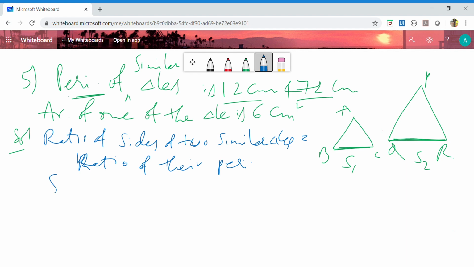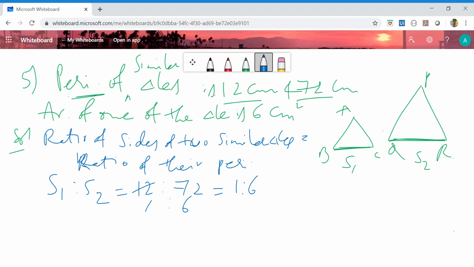Therefore S1 is to S2 is equal to 12 is to 72, which cancels to 1 is to 6. So side 1 is 1x and side 2 is 6x.